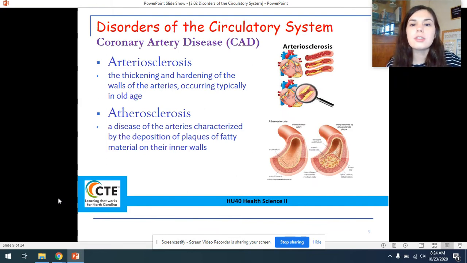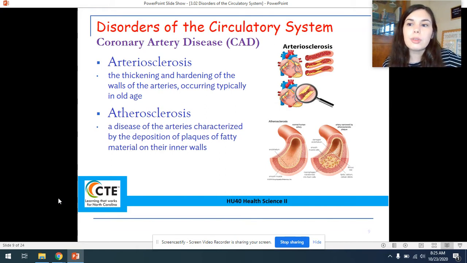Coronary artery disease, or CAD, is a combination of both arteriosclerosis and atherosclerosis. Arteriosclerosis is the thickening and hardening of the walls of the arteries, which typically occurs with old age, versus atherosclerosis, which is a disease of the arteries characterized by a deposition of plaque of fatty material on the inner walls.